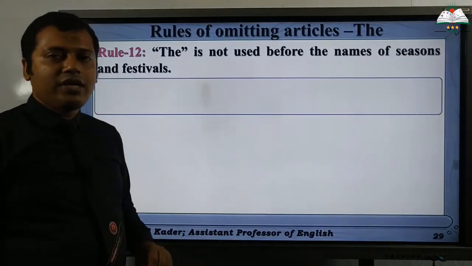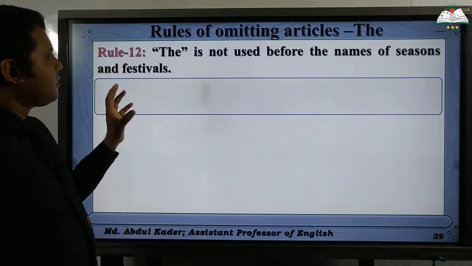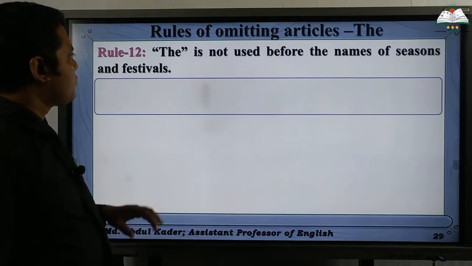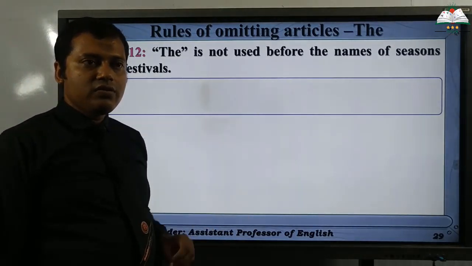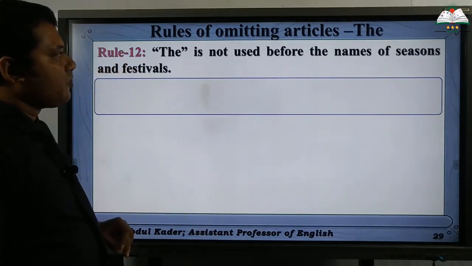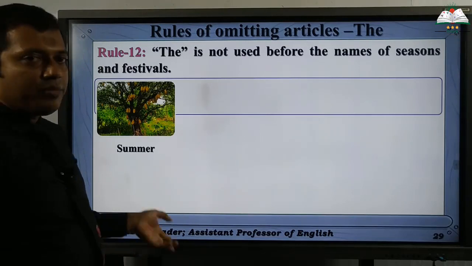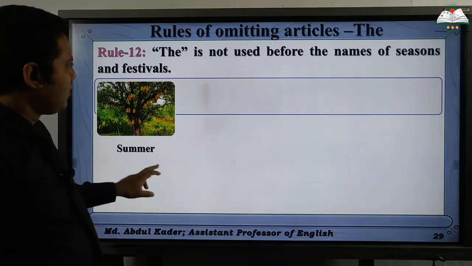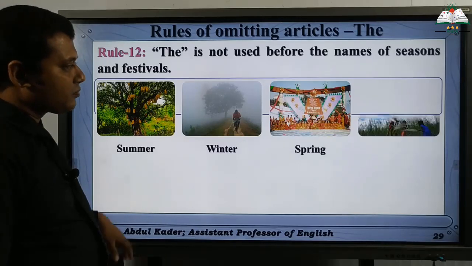Now dear student, this is rule number 12, and it says the is not used before the names of seasons and festivals. I repeat, the is not used before the names of seasons and festivals. Look at the example. Summer, you can't say the summer. Winter, spring, autumn.